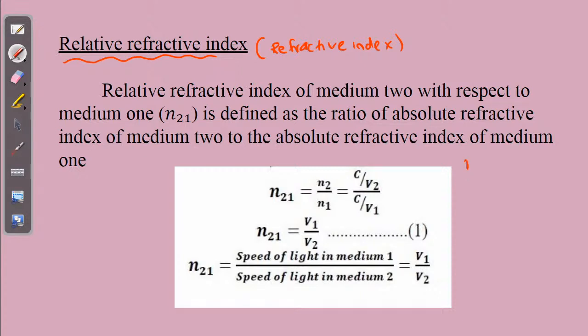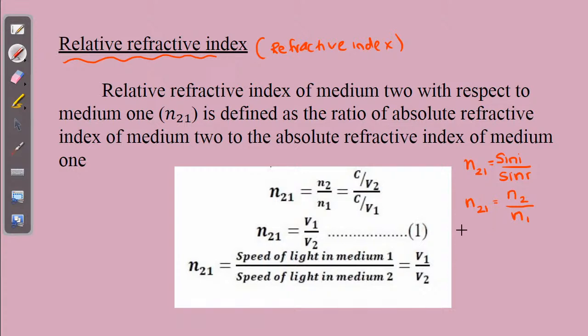This is the equation you already studied: n21 is equal to sine i by sine r, which you called Snell's law. Now we are redefining n21 as the ratio of the absolute refractive index of the second medium to the absolute refractive index of the first medium.